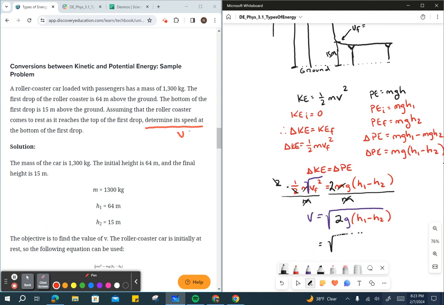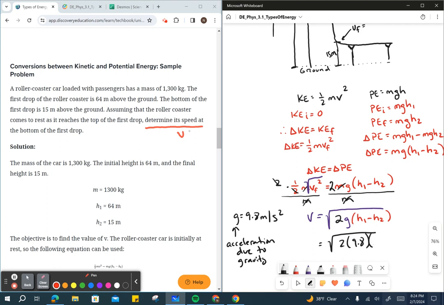The square root of 2. Remember that gravity is equal to 9.8 meters per second squared. This is acceleration due to gravity. Okay, that's a constant, so that times 9.8, right?